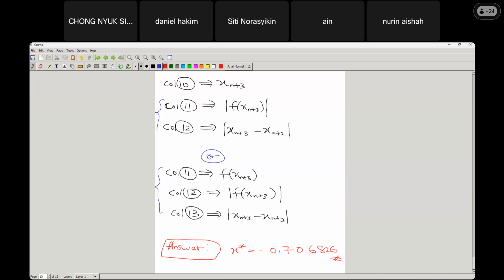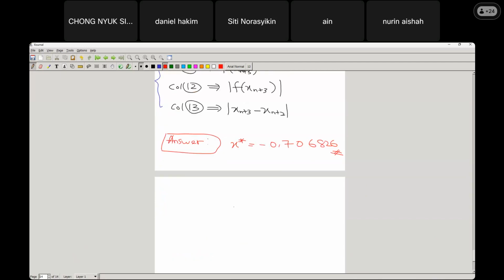Now, for my solution, I need to do the n starting from 0. So the n that I need to calculate will be n equal to 0, 1, 2, up to the last one, 5.